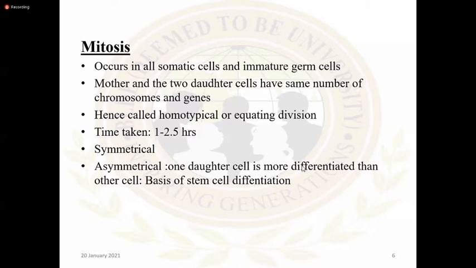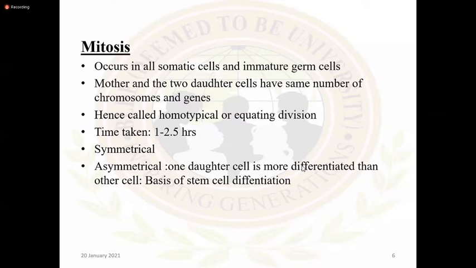During that division, one daughter cell differentiates more than the second daughter cell, and that is how stem cell differentiation occurs. This is called asymmetrical mitosis.